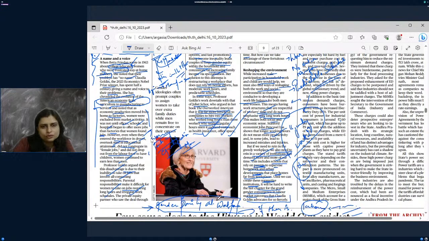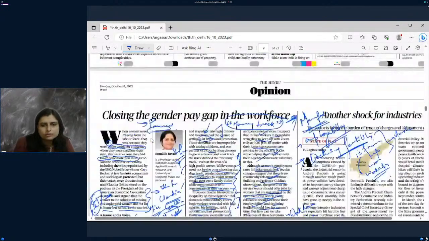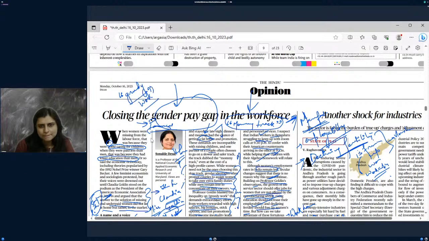So this was about closing the gender pay gap in the workforce. That means increase gender participation by countering the greedy work and also bringing more opportunities to the workforce.